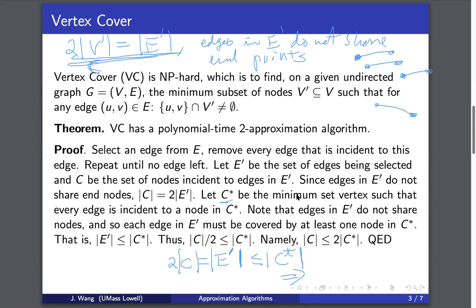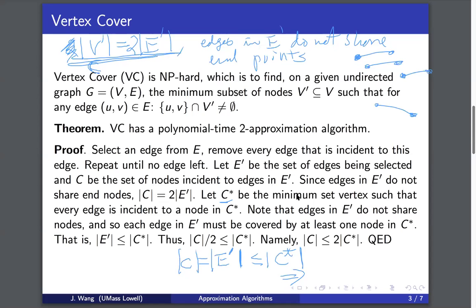So this 2 should be here, because each edge contributes 2 points in my cover. So that's this.